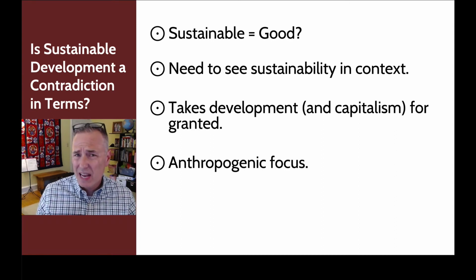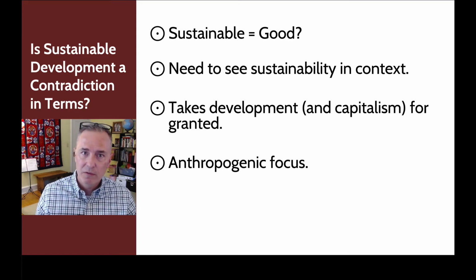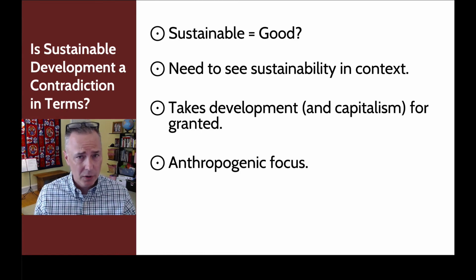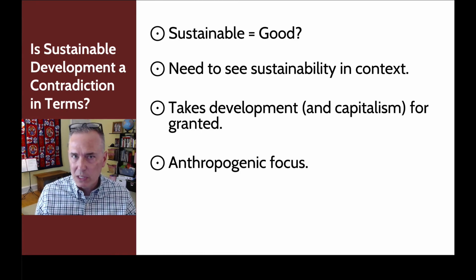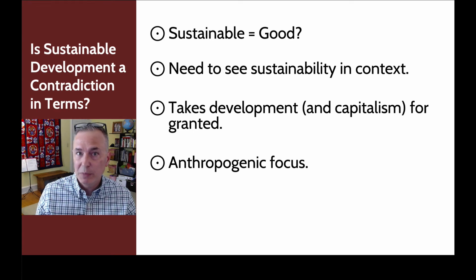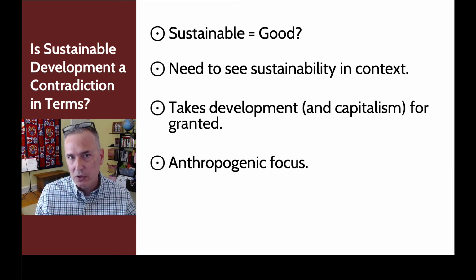It also tends to have kind of an anthropogenic focus. What does that mean? It means it's kind of human or people-centered, so that when we're talking about the current generation versus the future generation, are we talking about all of the earth and all different types of species, or is it more about the generation of people now and people in the future that we want to make sure that the earth is available for them as a resource?